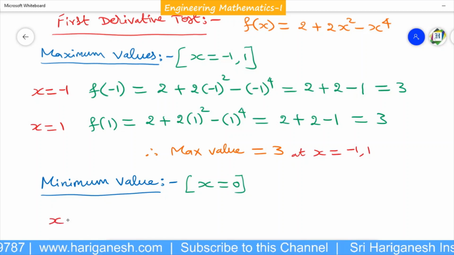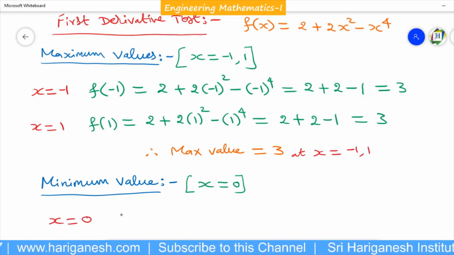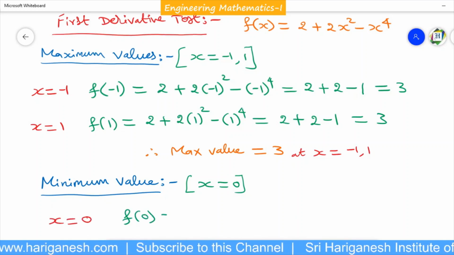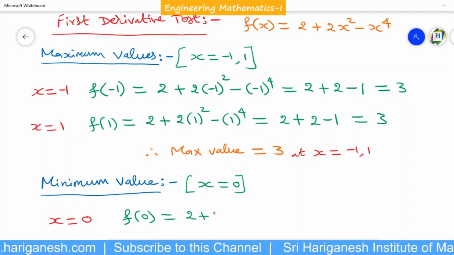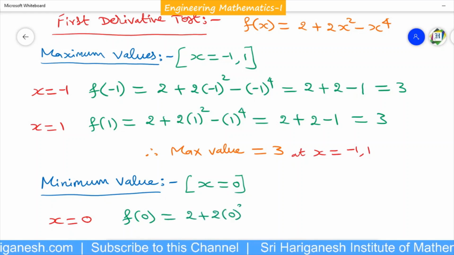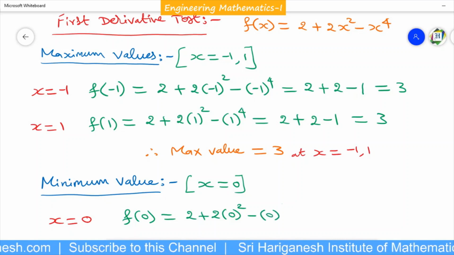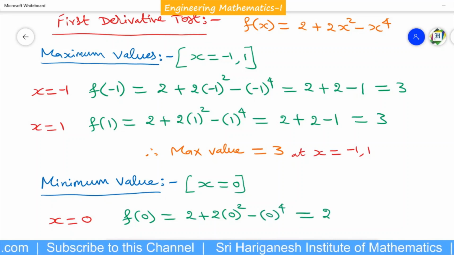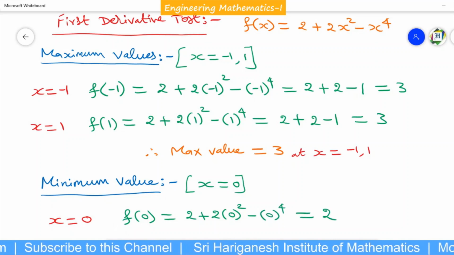So f of 0 is equal to 2 plus 2 into 0 square minus 0 power 4, which is equal to 2. So this is the minimum value.